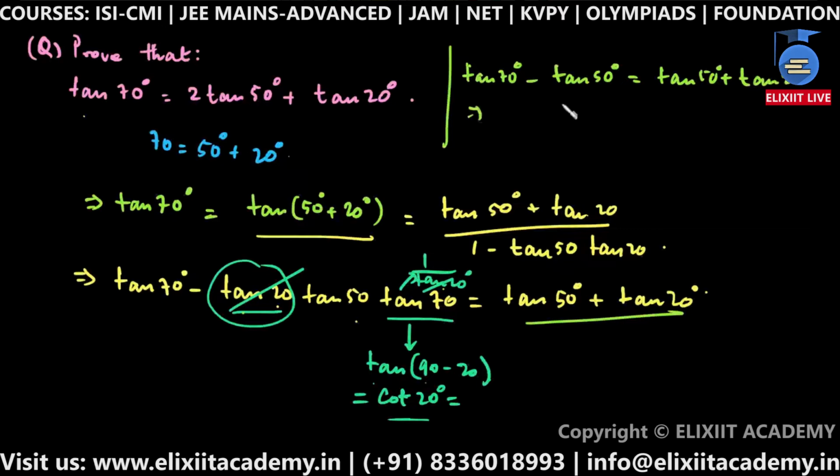So just simply take this tan 50 to the right hand side, that's all. You'll get tan 70 as 2 tan 50 plus tan 20. That's all. Hence proved. That's all we were asked to prove. Clear with this? Very basic question.